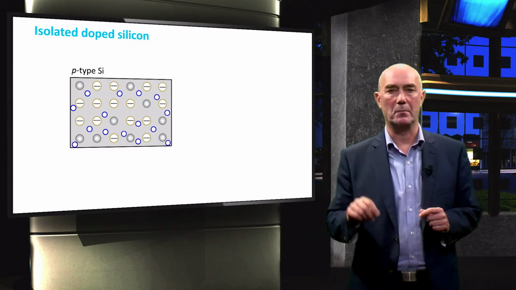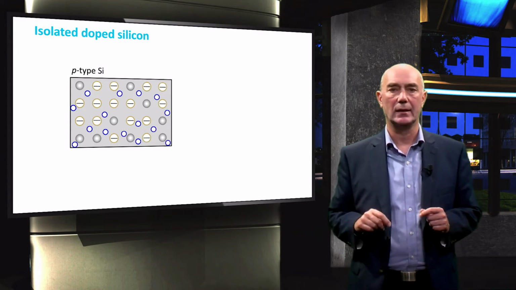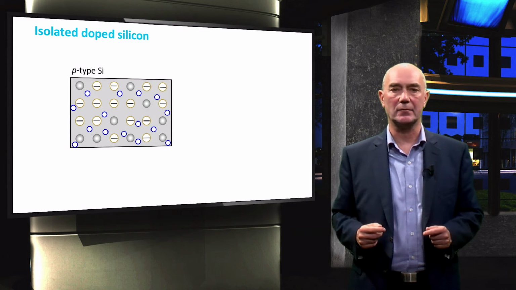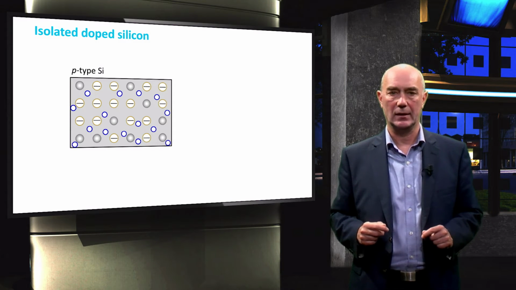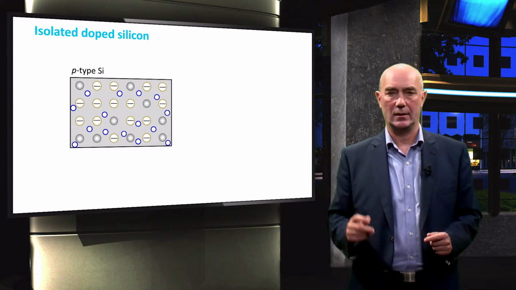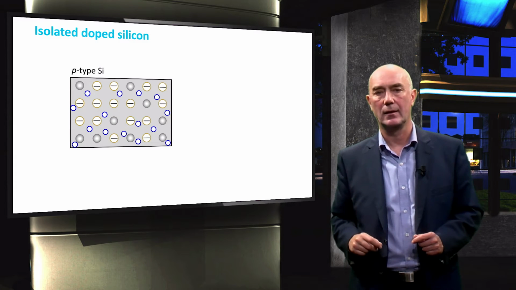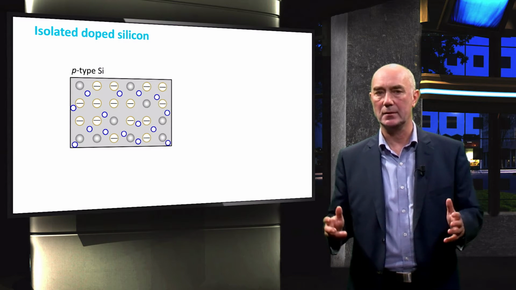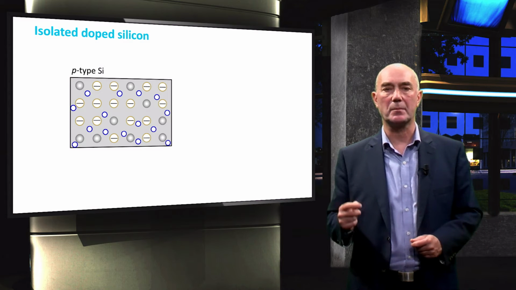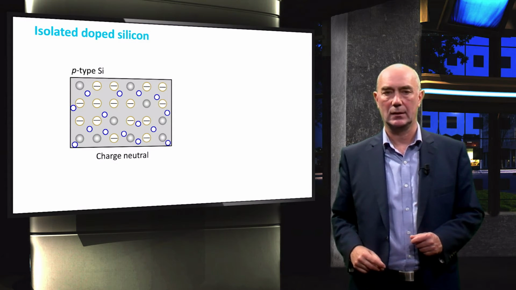These holes are mobile, and when they move from their host atom, they leave behind a negatively charged boron atom. We say that the boron atom is ionized because the charges of the mobile holes are compensated by the ionized boron atoms. The isolated p-type silicon material maintains charge neutrality.